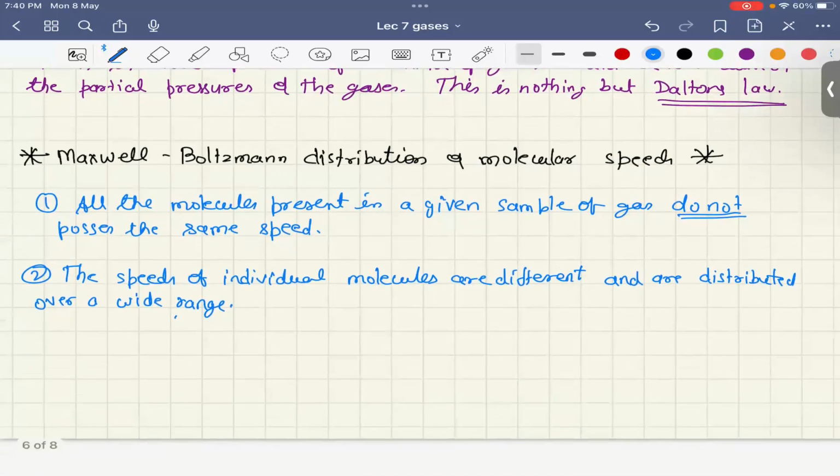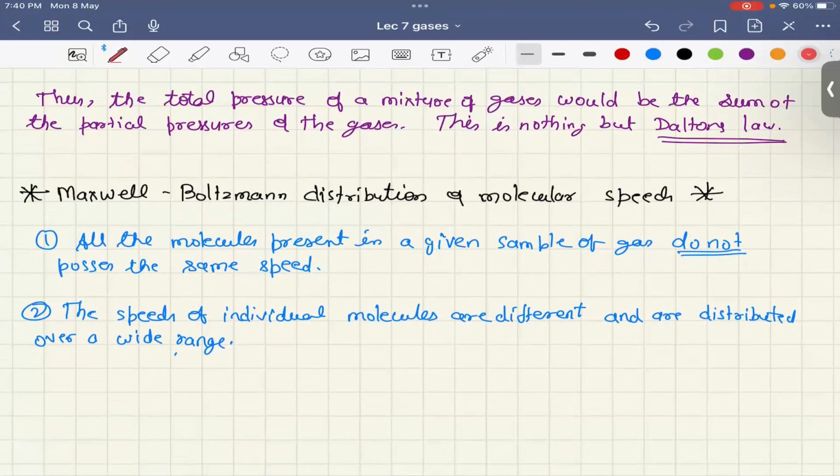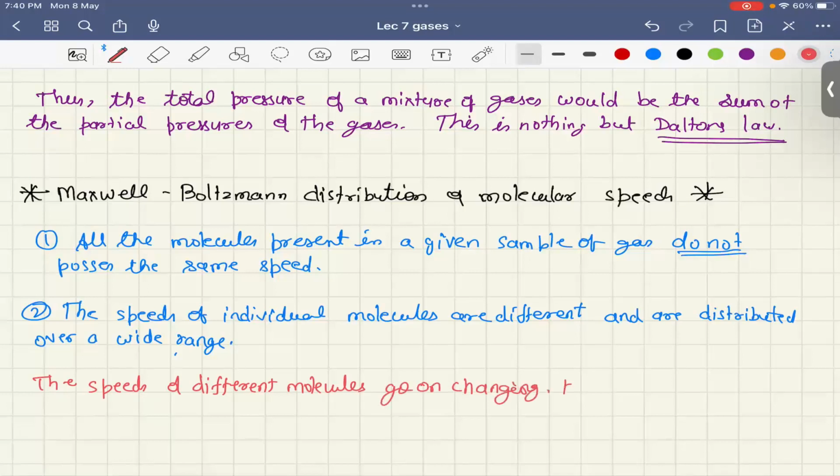This is very important. That the speeds of different molecules also go on changing.